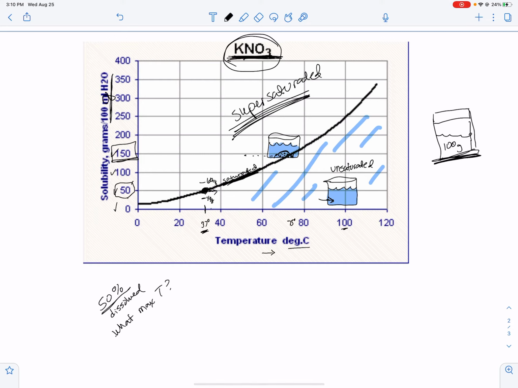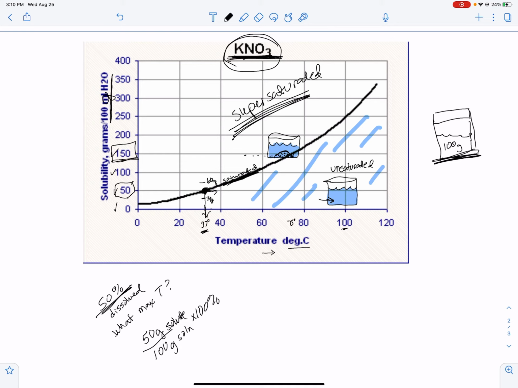Well, 50% by weight is the same thing as saying 50 grams of solute over 100 grams of solution, times 100%. So we're still asking the same question. What's the max temperature that all that will dissolve at? Well, we've already answered it. It's 37. So that's another format that you can see these answers in.